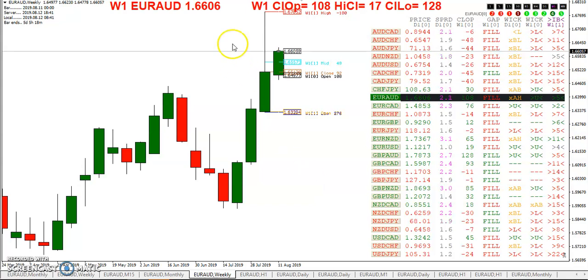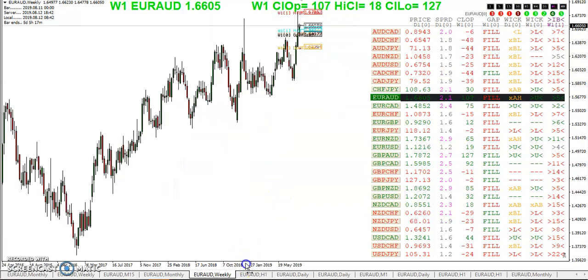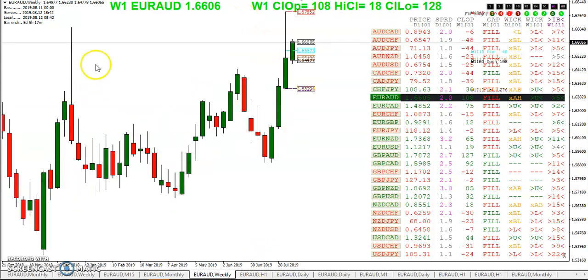Now, if you remember from yesterday's video, I was looking for price to hit this area before I started to look for price to return. I believe, was it 166 or was it 160? No, might have been 167. No, I guess it was 167 because that was the level right here.